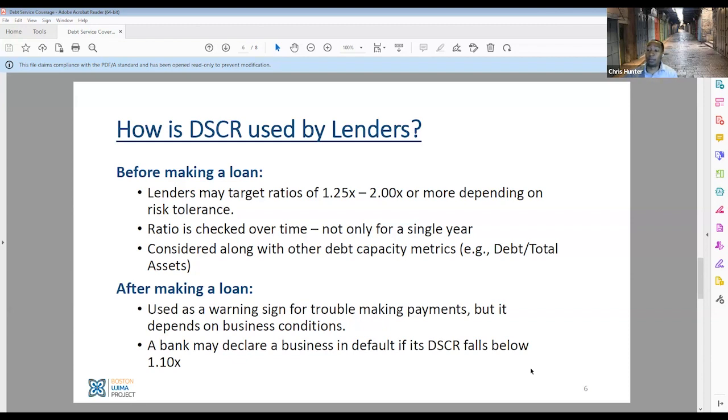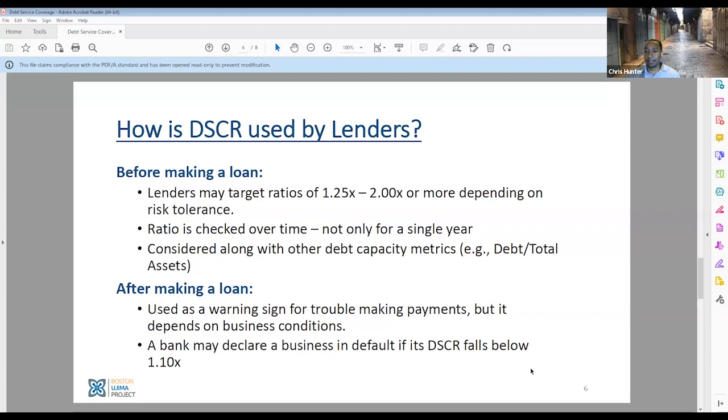But if we're thinking about a bank, yeah, maybe 2 times as much money as is needed is what they're looking for. A big thing is that you need to look at this ratio over time. It's not just look at one moment and that's it. The debt service coverage ratio should change over time. And in general, you expect it to grow as the business grows and as it pays down its debt. And then it might have capacity for new debt because of that.